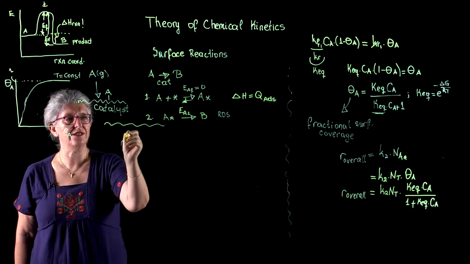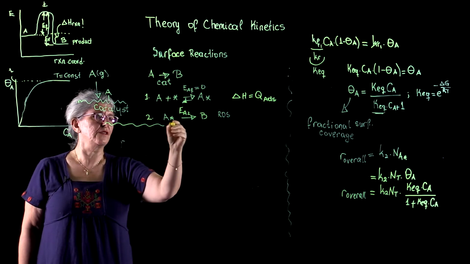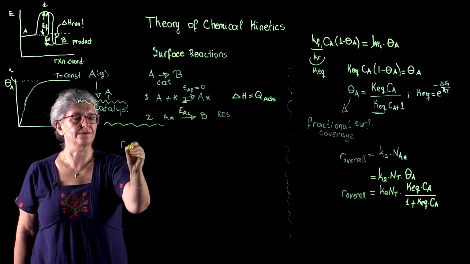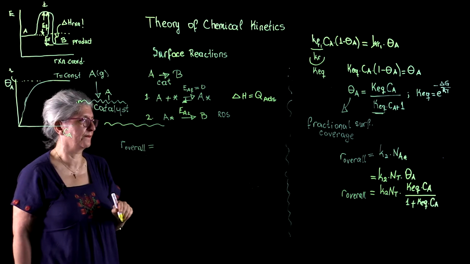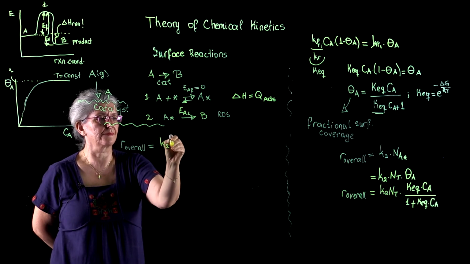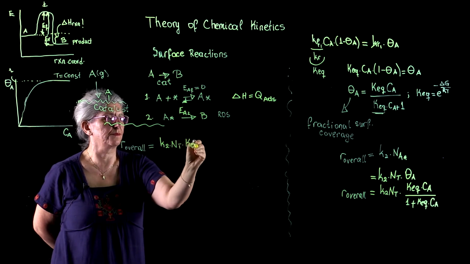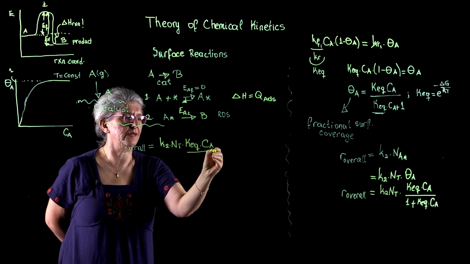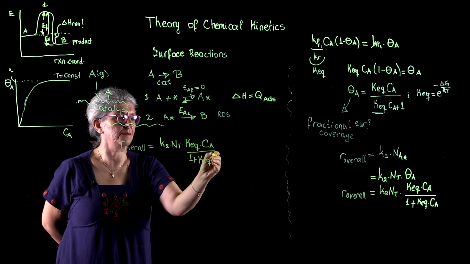So this is our reaction. And on the other side, for this reaction, we derived the overall rate as k2 N_T times K equilibrium times C_A divided by 1 plus K equilibrium times C_A.